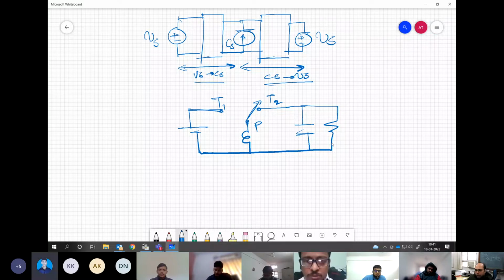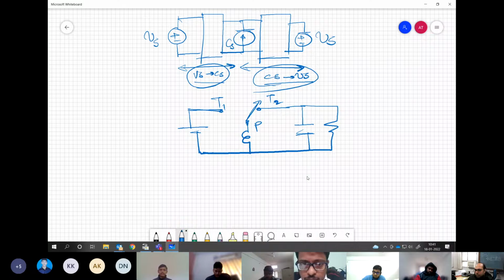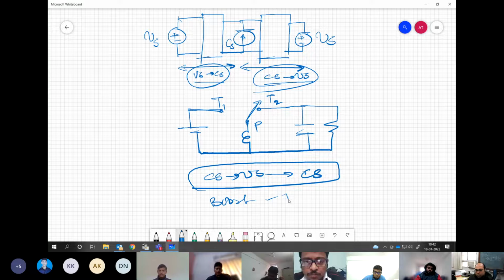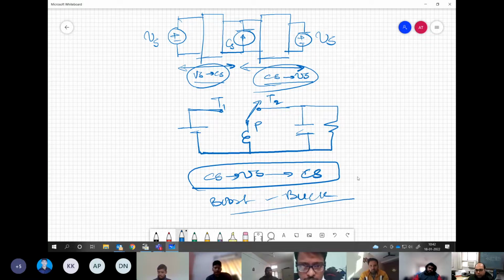Whatever we do is ultimately going to be some form of this power conversion. We may also have something like current source to voltage source and then voltage source to current source. This kind of arrangement as well. There is no problem in that. That we may call boost buck. Because we know whenever we go from voltage source to current source, it is buck operation.